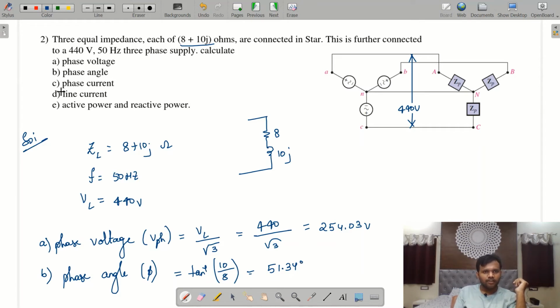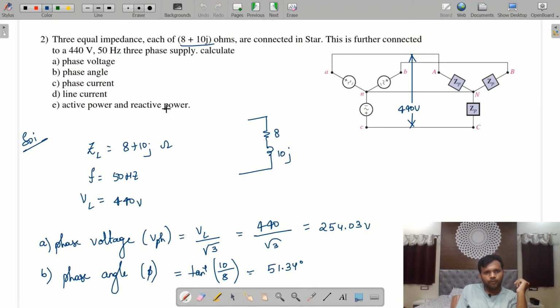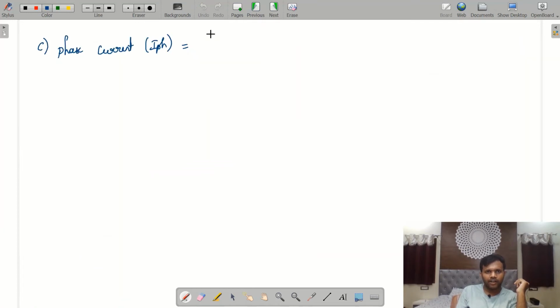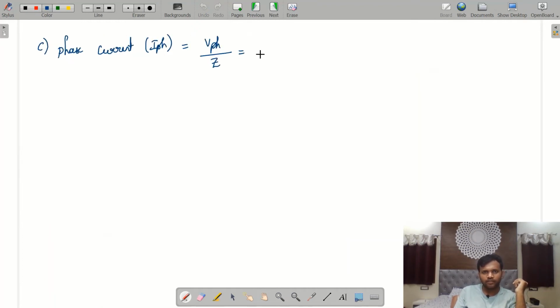Okay, third question. Okay, question C, phase current. IPH, right? So which will be, IPH will be phase voltage divided by its impedance. What is the phase voltage we got, 254.03, sorry, 254.03 divided by its impedance.